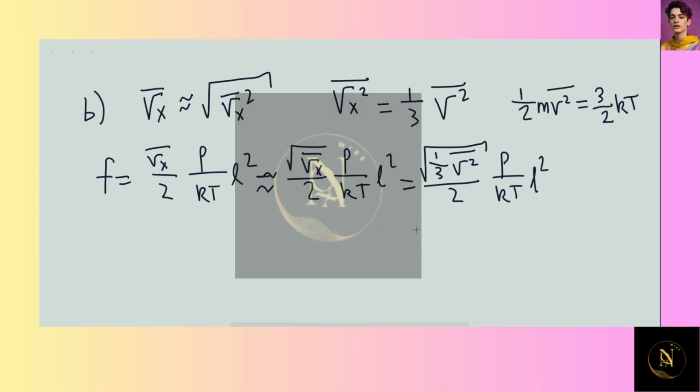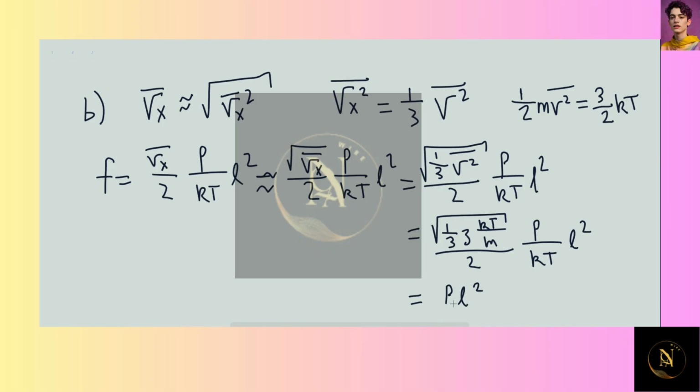And then finally, we can replace it entirely with something involving the temperature of the gas instead, using this third relation, which would give us root 1/3 times 3kT over m, all of that over 2. All the stuff on the outside of the square root remains the same. And we can simplify it down to get the expected result.